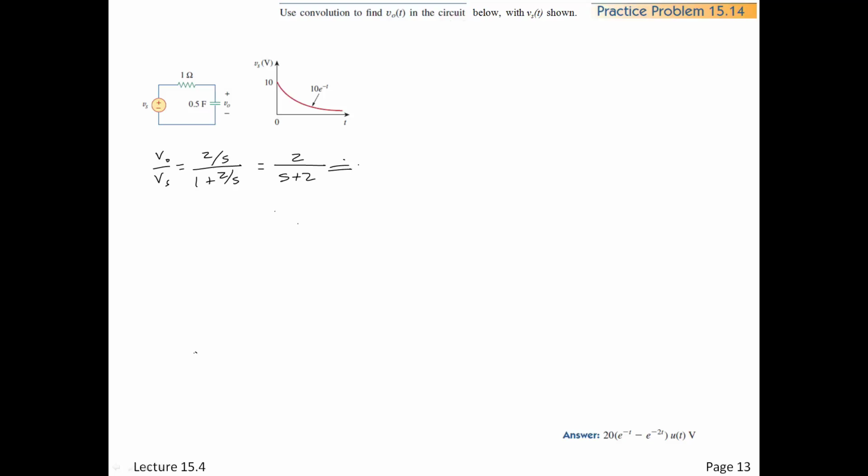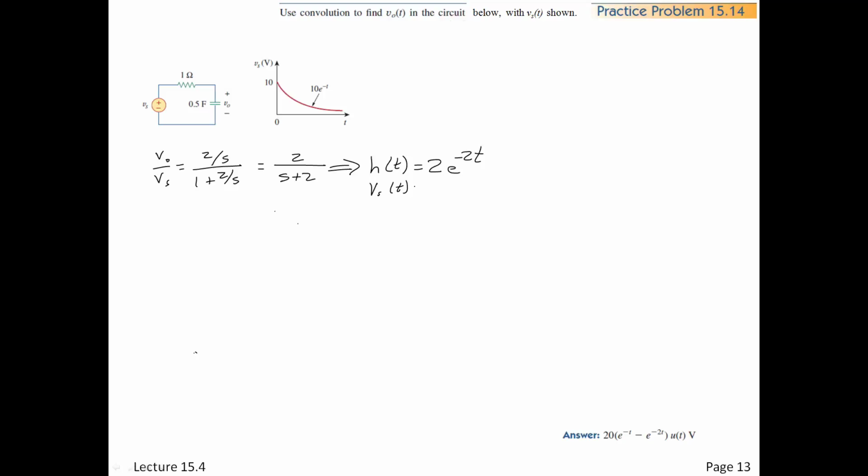And this in the time domain is 2 e to the minus 2t. Now, we want to do convolution. So we're going to take h of t. We know our vs of t, so now we have h of t. That little gambit was really to find our h of t.